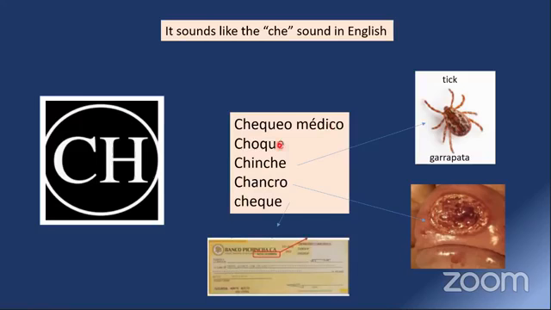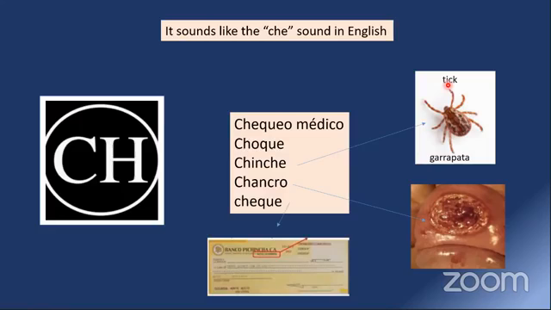Choque, like when the patient is in shock. Choque means shock. Chinche is this thing here. It's a tick. In some countries, they call them chinche. In other countries, they call them garrapata. I was bitten by a chinche.